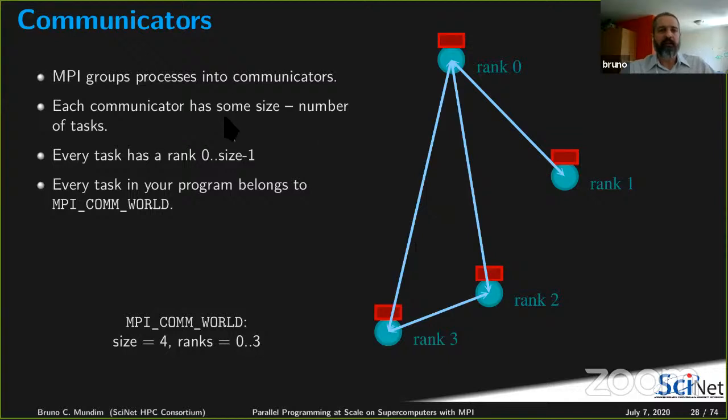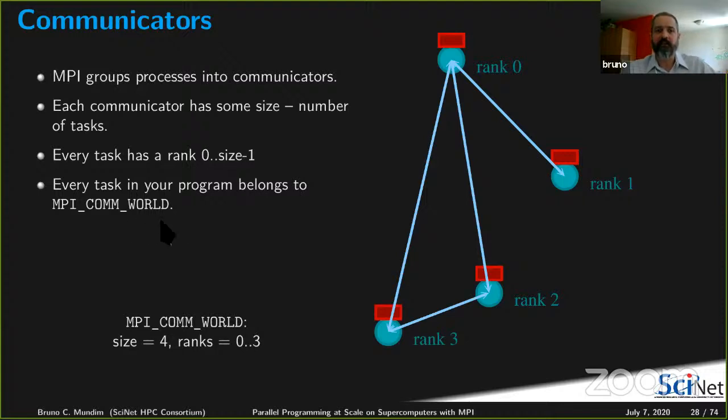So a little bit more about communicators. They group processes, as I said. Each communicator has a size, the number of tasks, or if you think about this, the number of phone numbers in your city. Every task has a rank, or an identification number, that runs from 0 to size minus 1. And every task in your program belongs to MPI_COMM_WORLD. That's the default.